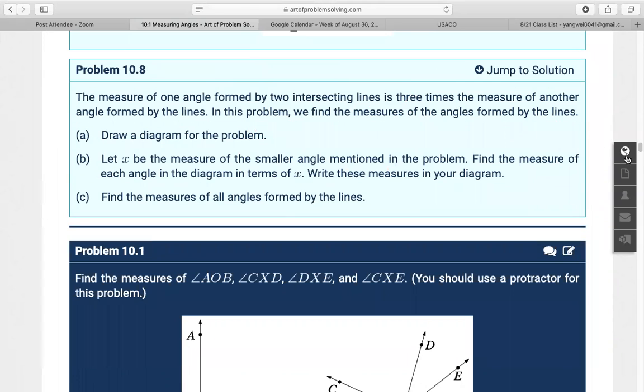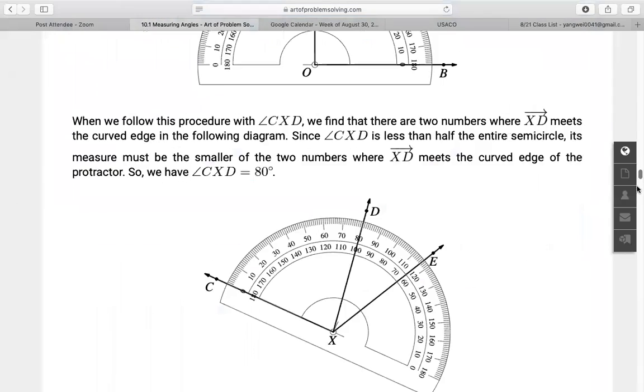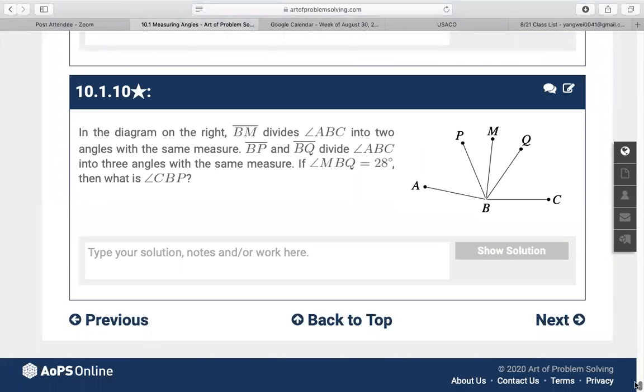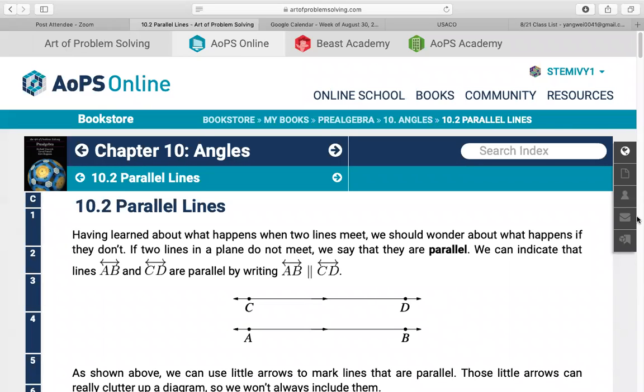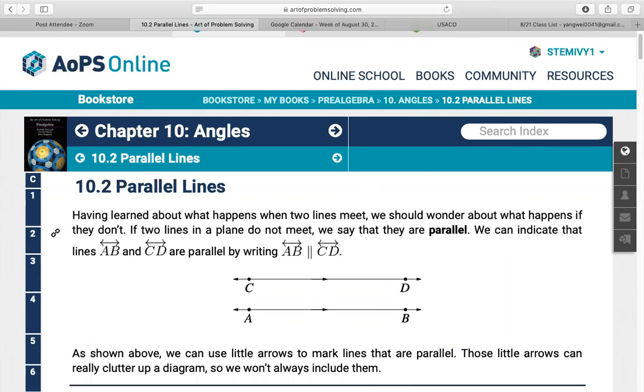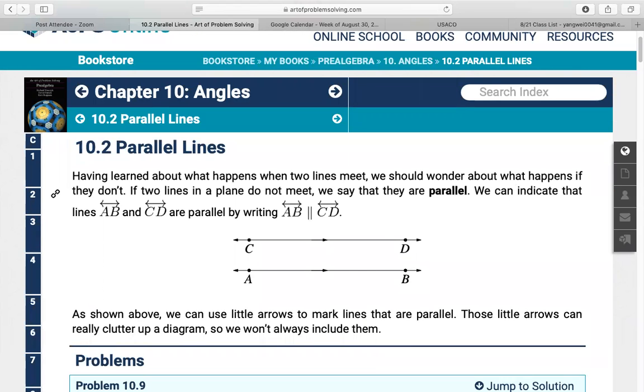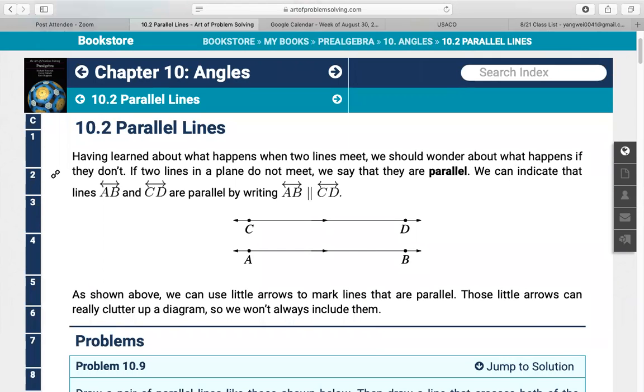Okay, so we finished this section. Now let's go to the next section. In this section we'll learn about parallel lines. Parallel lines means we have two lines that will never intersect with each other.